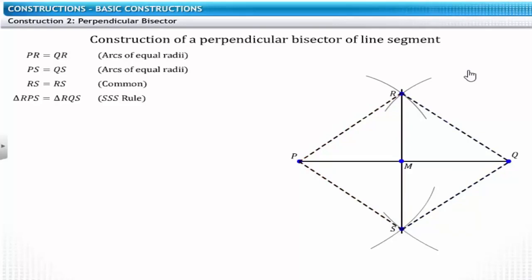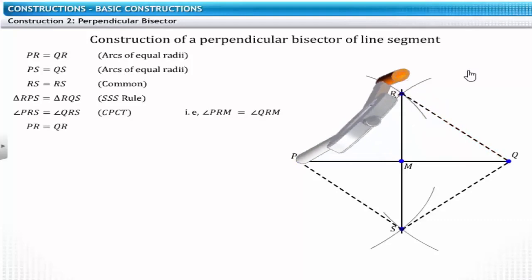By the CPCT rule, angle PRS is equal to angle QRS. Now, let's consider the other pair of triangles: triangle RMP and triangle RMQ. Here, side PR is equal to side QR, as these are the radii of the same arc.